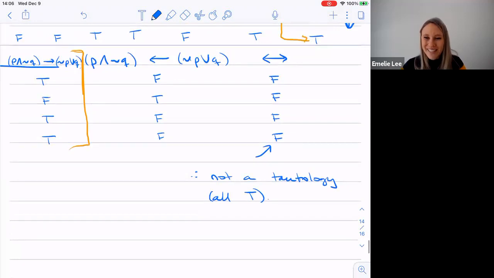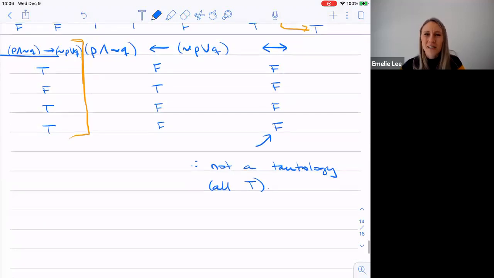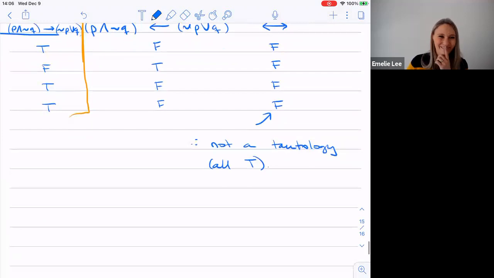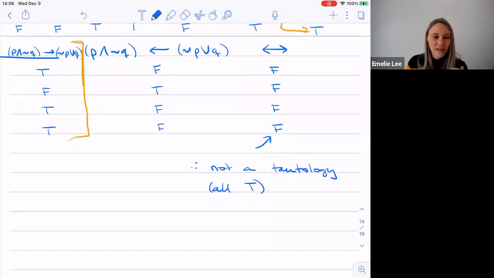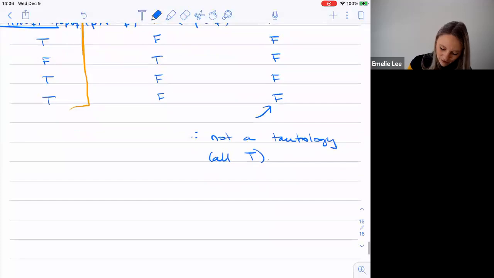A tautology. I feel like that is something that we would have looked up.